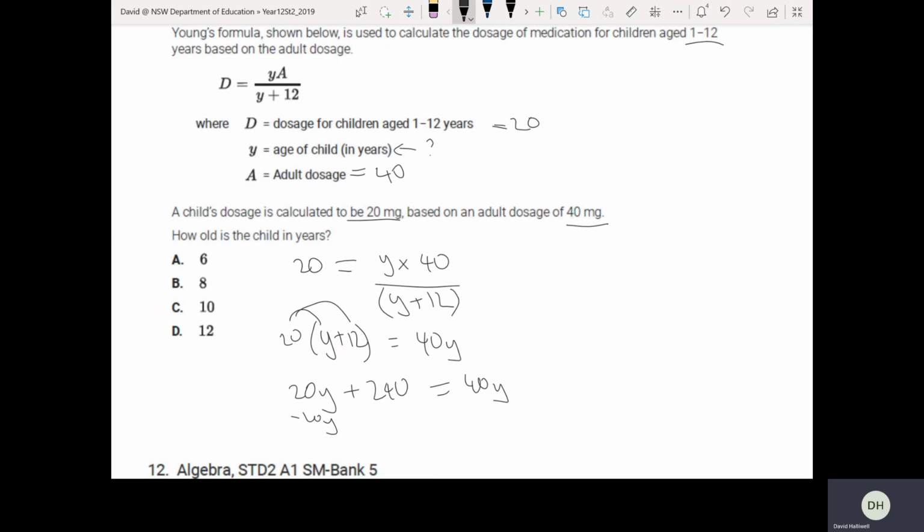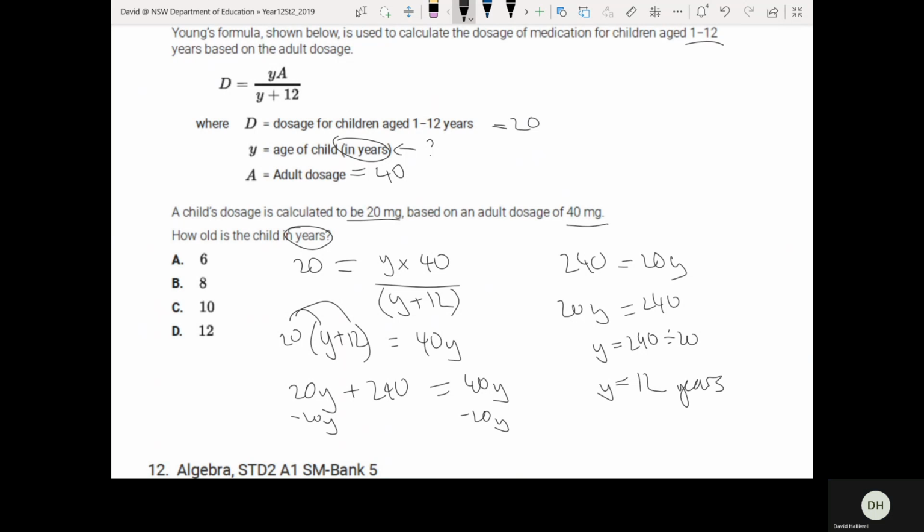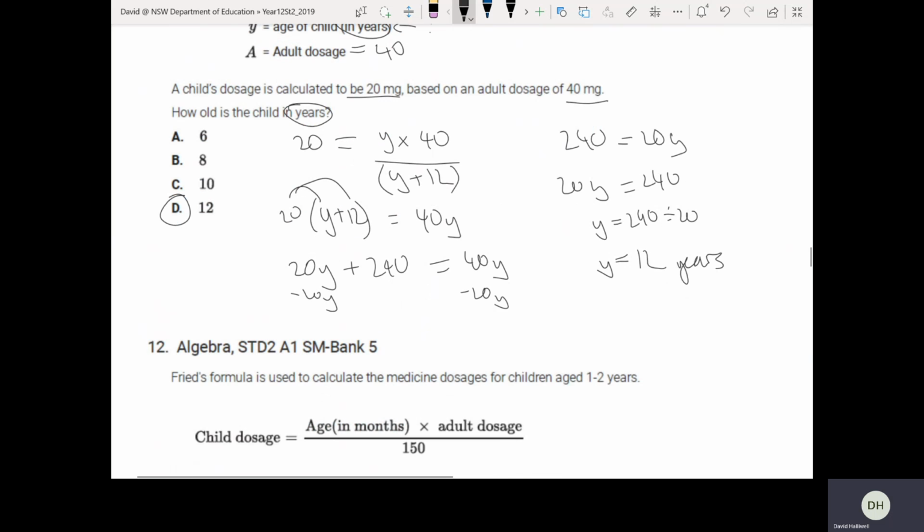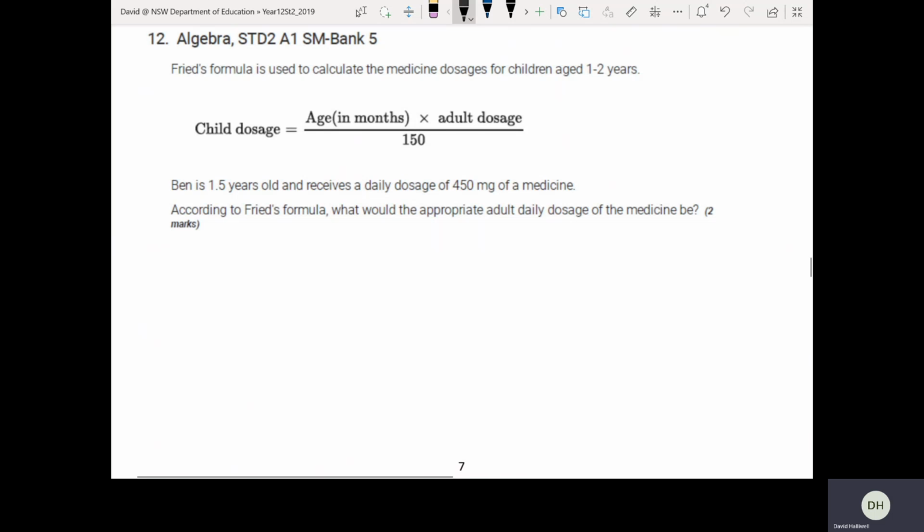I'm going to minus 20 y's from both sides. So it's going to be 240 is equal to 20y. And then divide both sides by 20. And you get 12. Now the unit, it's in years, and this is in years. It's good. So it's going to be 12 years. Okay, good. Next one.